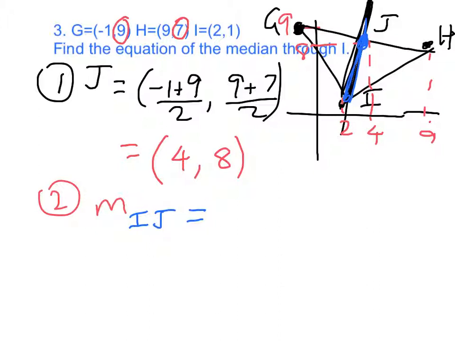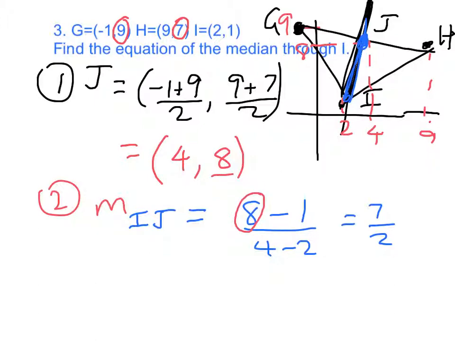So m of IJ will equal 8 minus 1 divided by 4 minus 2, which is 7 over 2. Now that matches what we're seeing in the picture. So just notice here, the 8 is coming from here, and the 1 is coming from I up here.